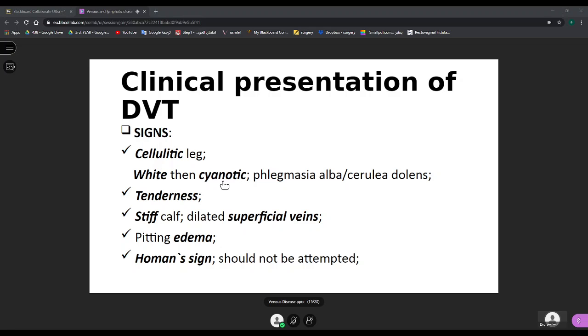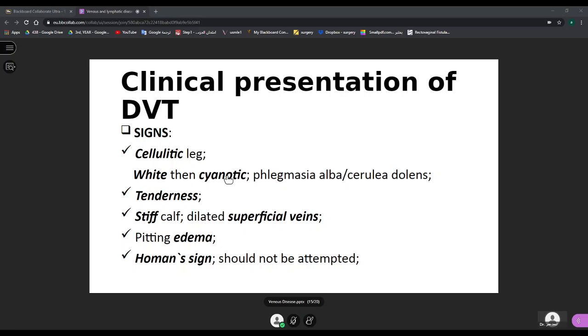After that, you get accumulation of deoxygenated blood, which results in some degree of cyanosis, and this cyanotic or bluish color is known as phlegmasia cerulea dolens.